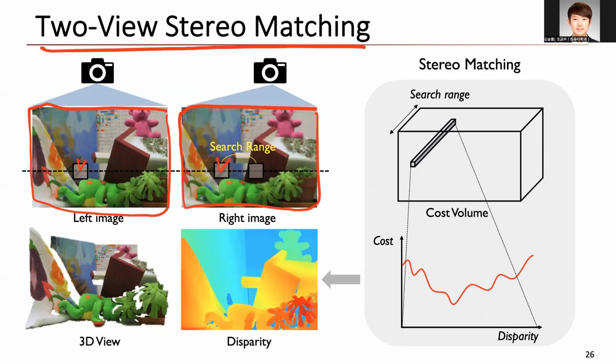Then the displacement between these pixels and the corresponding pixels in the right image can encode the disparity and depth information for these pixels.